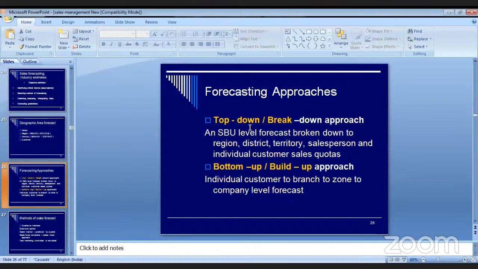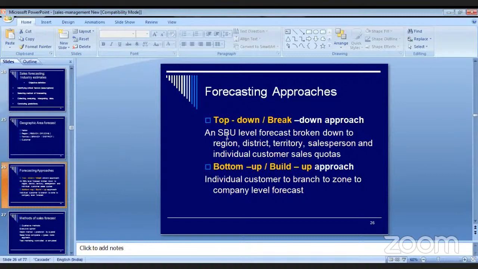See, top down is a break down approach. SBU, strategic business unit level forecasting is broken down to the region, district, territory, sales people, individual customer sales quota. So see, sales force forecasting at SBU level. What is SBU? Strategic business unit: one company having different units.